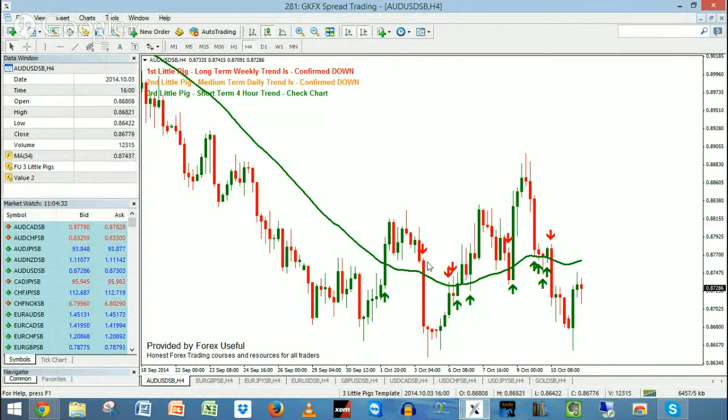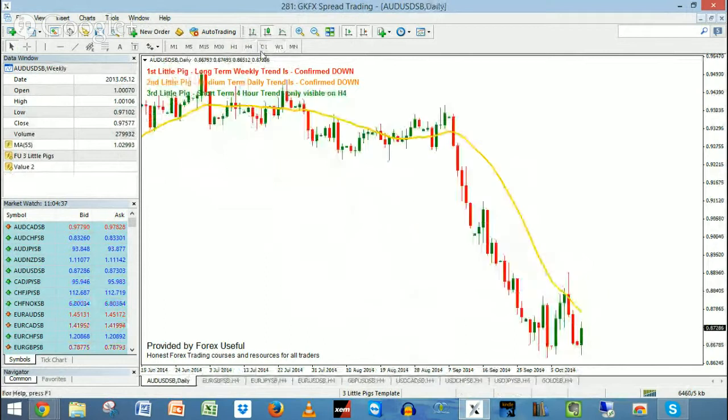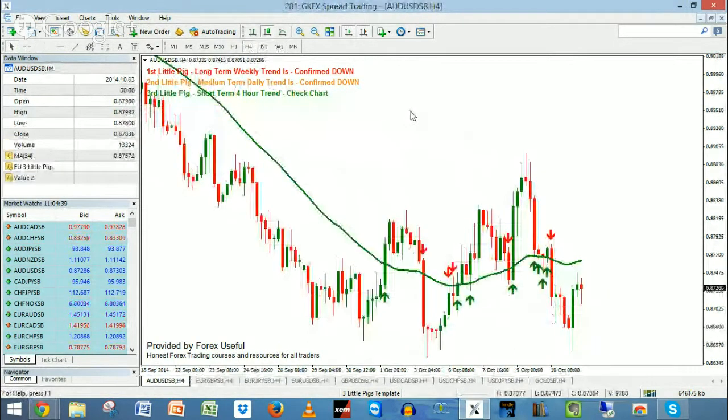So Aussie dollar is one that's still down on the weekly here, as we can see, and the daily. And on the 4-hour, we're short from here. So a couple of losing trades in here, giving back some of the money made in August and September. So anticipating a move down from here.